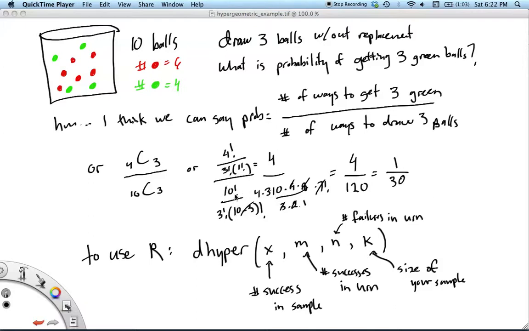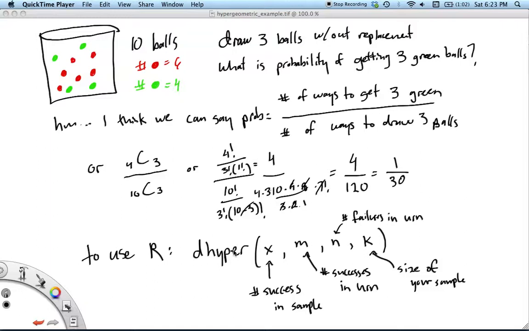This 7 factorial will take care of most of this 10 factorial. We're just left with 10 times 9 times 8. I did a quick little division here to get rid of the 3. Popped this 3 out front, divided the 8 by 2, popped this 4 out front. Okay, and so then we've just got 4 over 120, which is equal to 1 over 30.